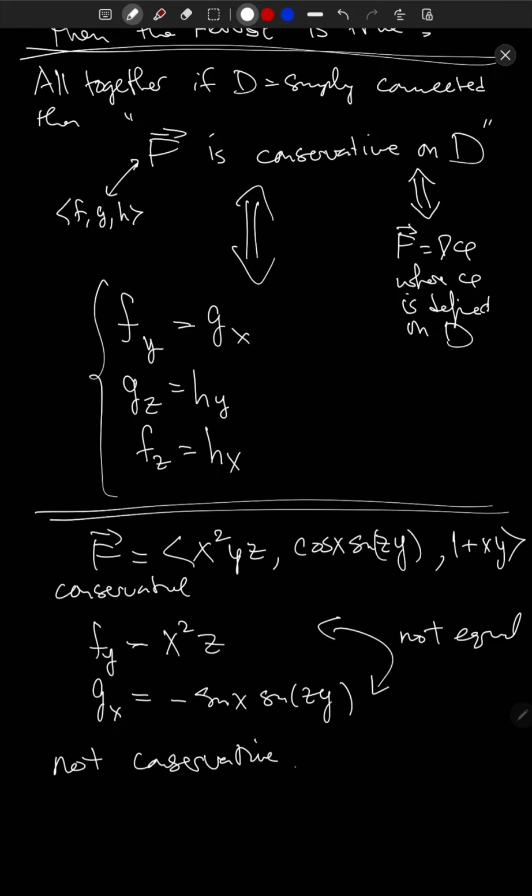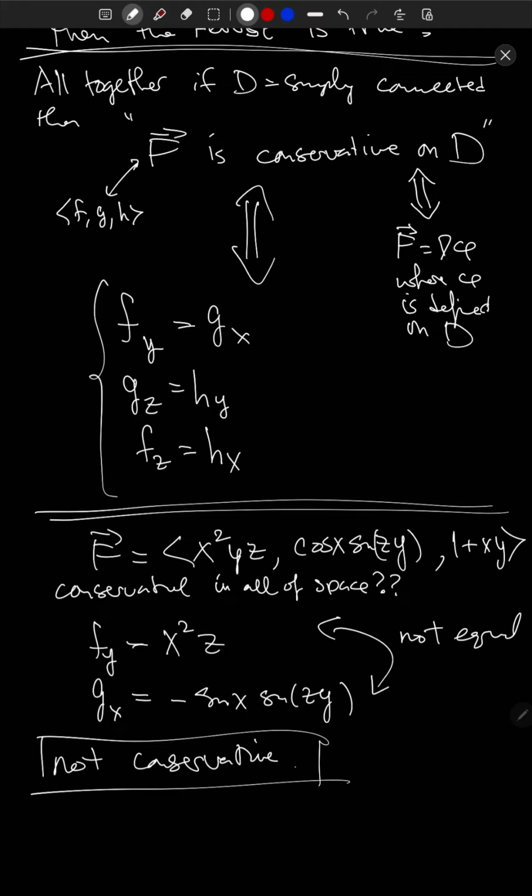I should always say conservative on, let's say, all of space. We should always attach a region when we're talking about this, just to be most precise. So this guy's not conservative. Pretty instantaneous, pretty straightforward calculations. And again, if all three are true, then you are conservative.